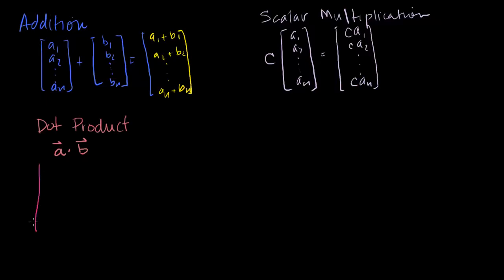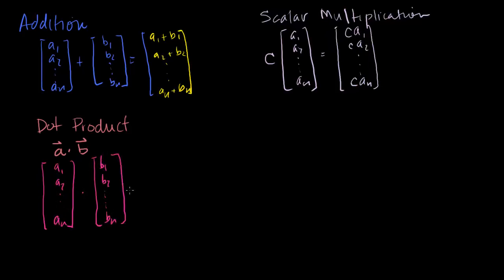So this is a1, a2, all the way down to an, dotted with my b vector, b1, b2, all the way down to bn, and it's going to be equal to the product of each of their corresponding components, so a1 b1, added together, plus a2 b2, plus a3 b3, plus all the way to an bn.